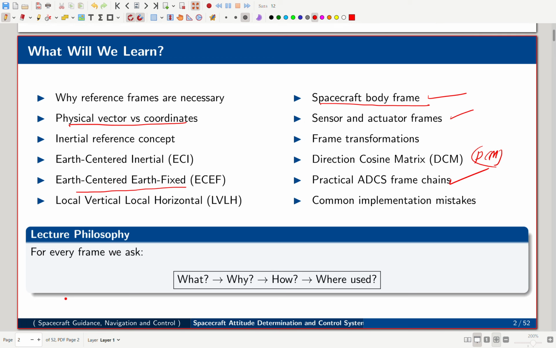Sometimes we commit mistakes when implementing, so we also need to understand where mistakes are likely.